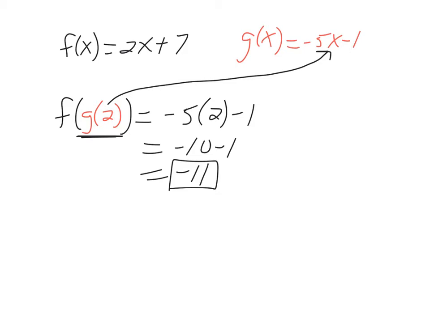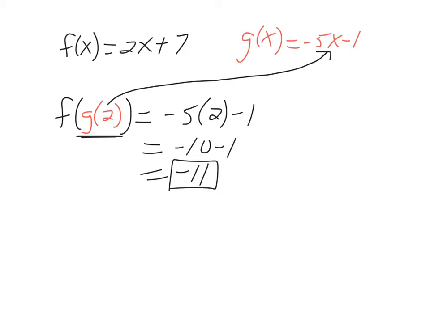Alright, so now, since I have that, it says put that into your f equation. So wherever I see that x, I'm going to slide out that x and put the negative 11 in there.